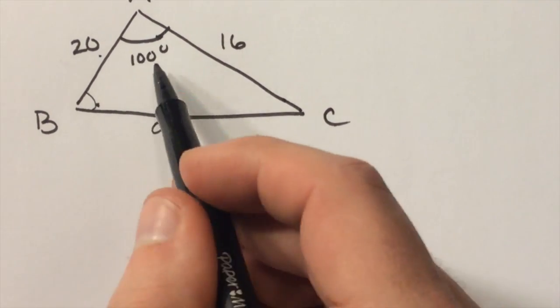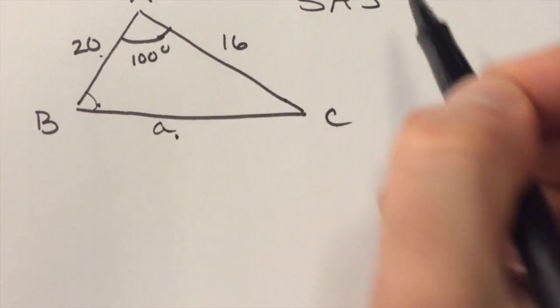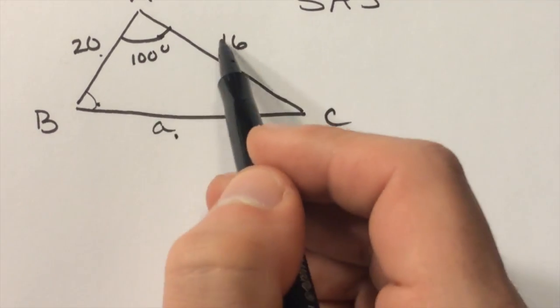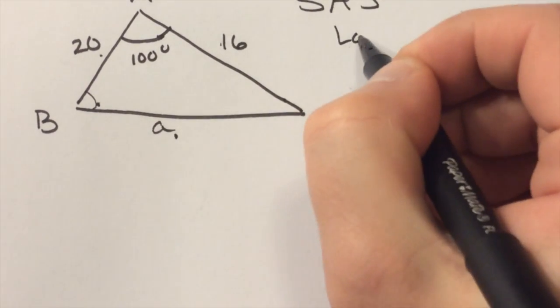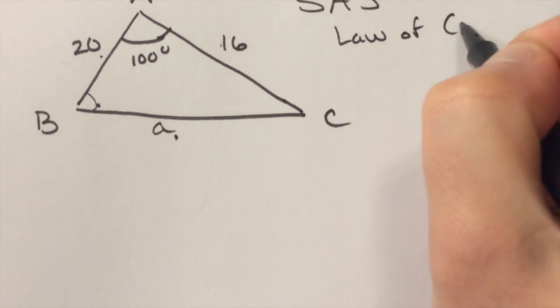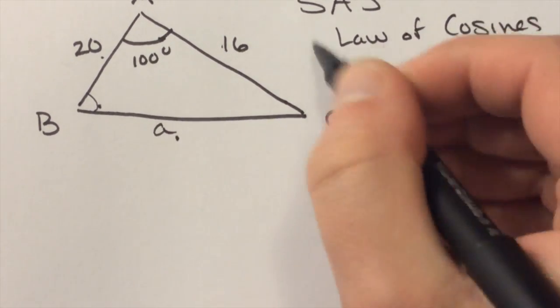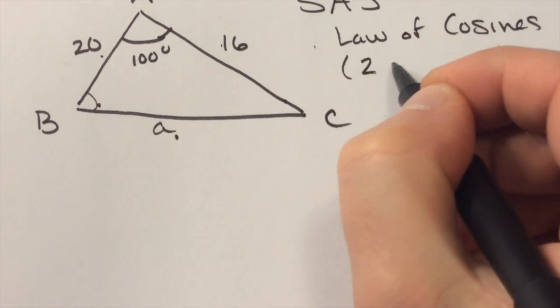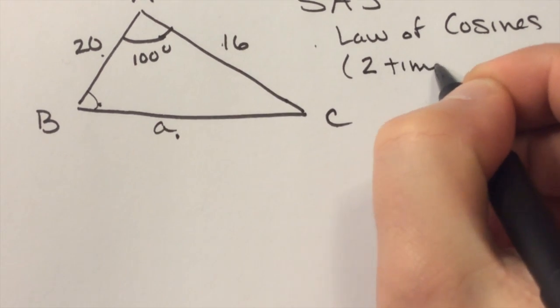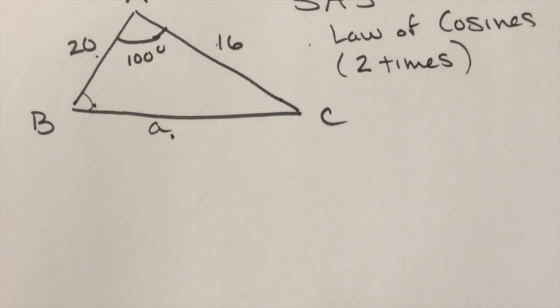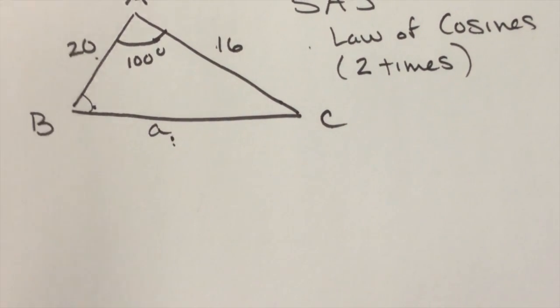So here we have side, angle, side, side, angle, side. So we're going to do the law of cosines. And if it's side, angle, side, we're going to do this twice. So we're going to find side A first.